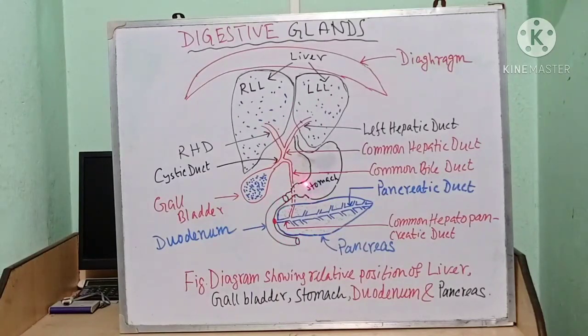On one hand that, and on the other hand, as bile is alkaline in nature, it neutralizes the acidity of the chyme and helps pancreatic enzymes and intestinal enzymes, those are alkaline in nature.